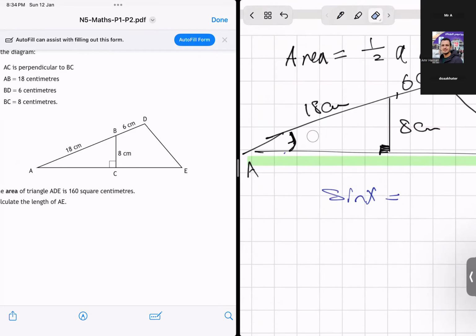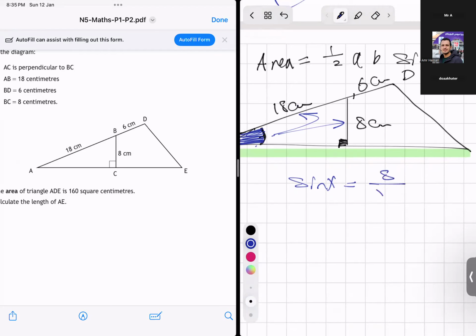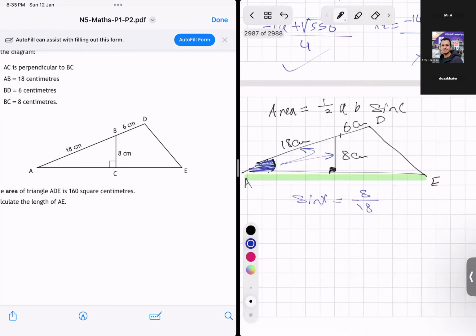No, I need to get this one, right? Yeah. If we apply the sine rule, sine is opposite over hypotenuse, 18. So it's going to be 8 over 18, right? Yeah. So do you have the area?